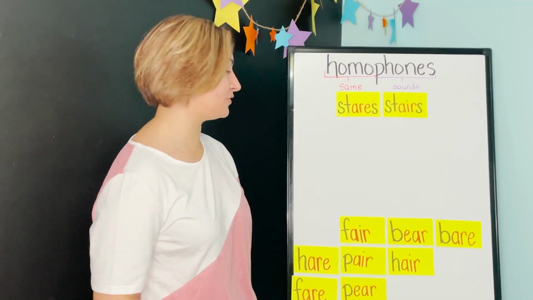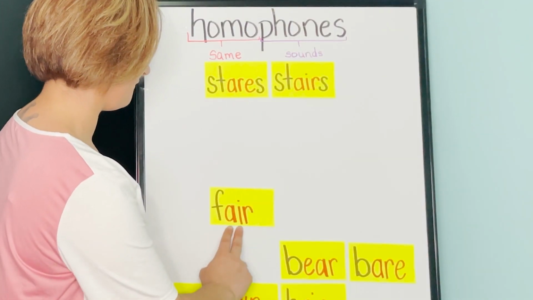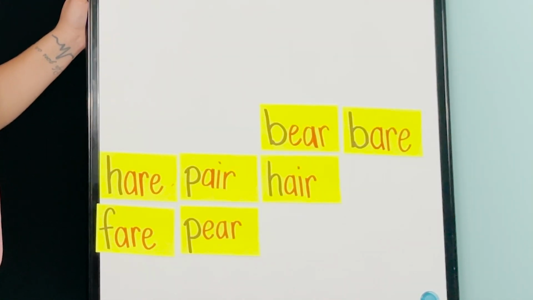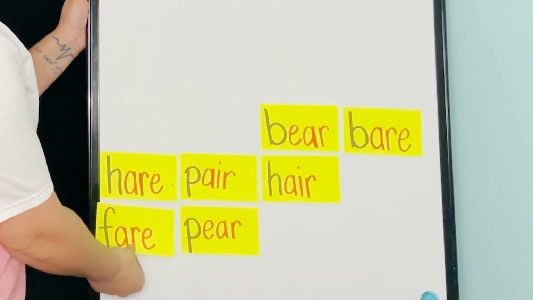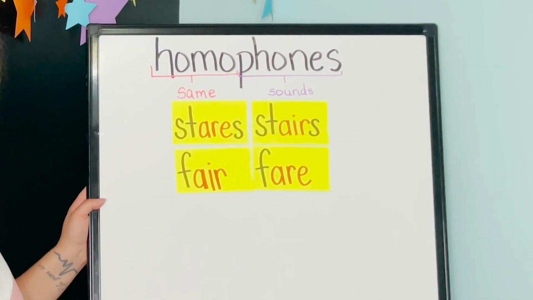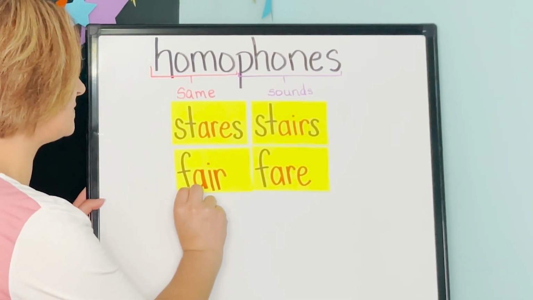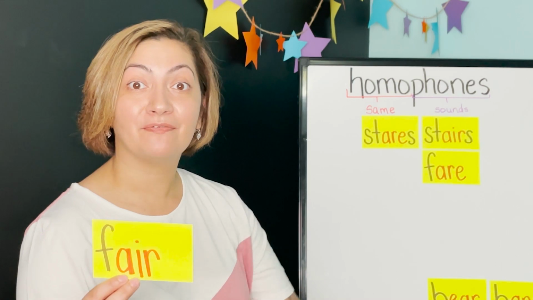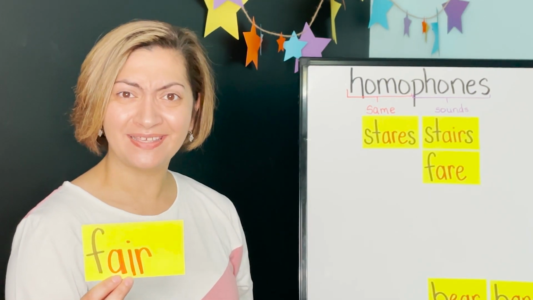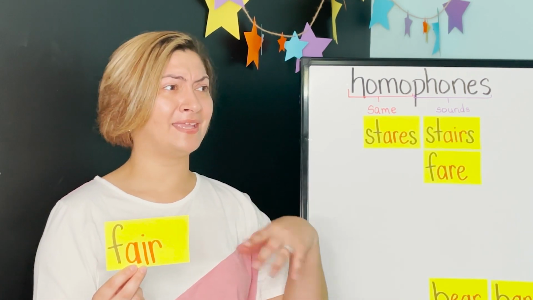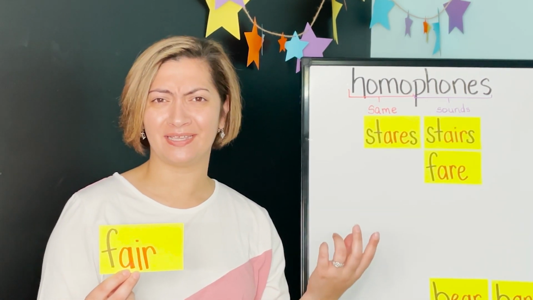Let's do the next set of words. Let's start with this one. Fair. Do you see the match? Yes, fair. Let's look at what these two words mean. This fair, spelled with A-I-R, actually can have two different meanings. Like the fair that might come to town with all the rides and the treats and cotton candy.